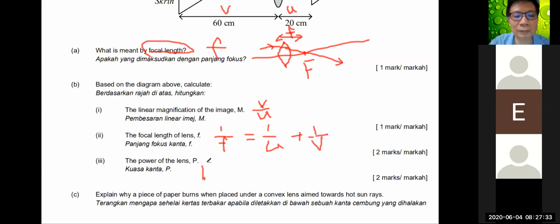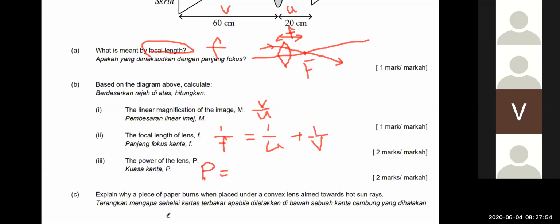P equal to? P equal to what? I don't know, I forgot. Ping Yi, do you know how to find power? Sir, I don't know leh. You all don't know on the side. If you don't do revision, you all die. I tell you. My soul haven't wake up. Nah, you see lah. Okay, Vanessa, what about you? How to find power? P equal to what?